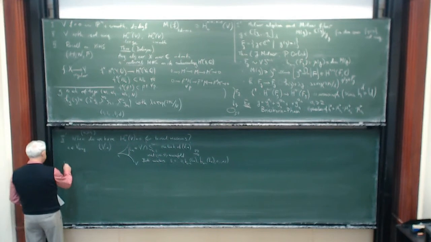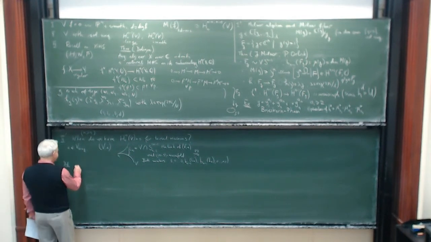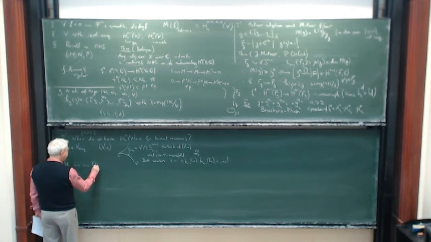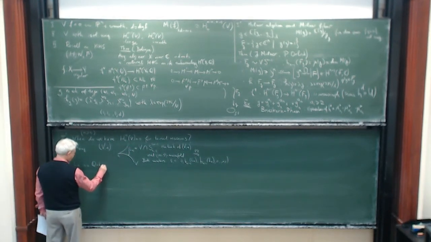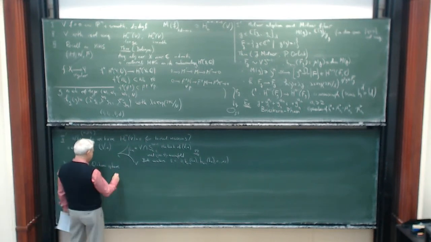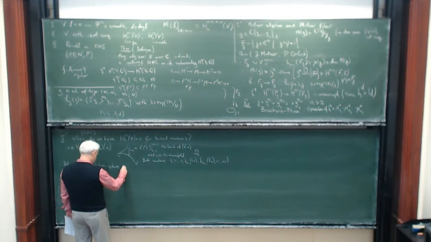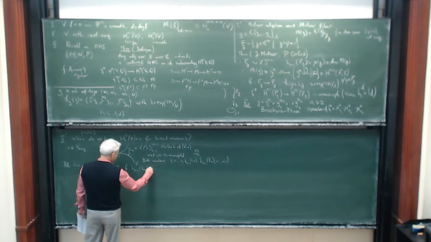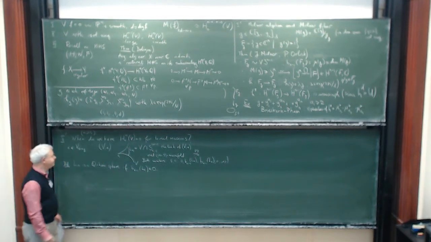And now a definition. We say that L_A is a Q-homology sphere if these Betti numbers vanish.